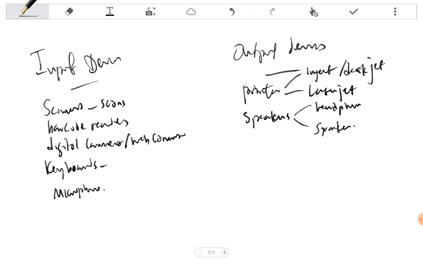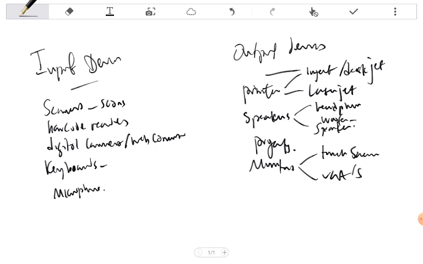They just the sound blaster or your woofer, either subwoofer, woofer speaker. Then we also have projectors. Now we also have monitors. So monitors, sometimes we have the touch screen and we have the normal VGA, SVGA monitor. So these are examples of output devices.